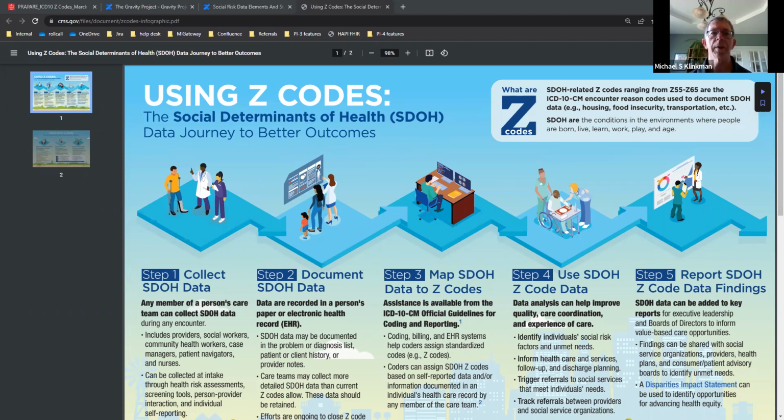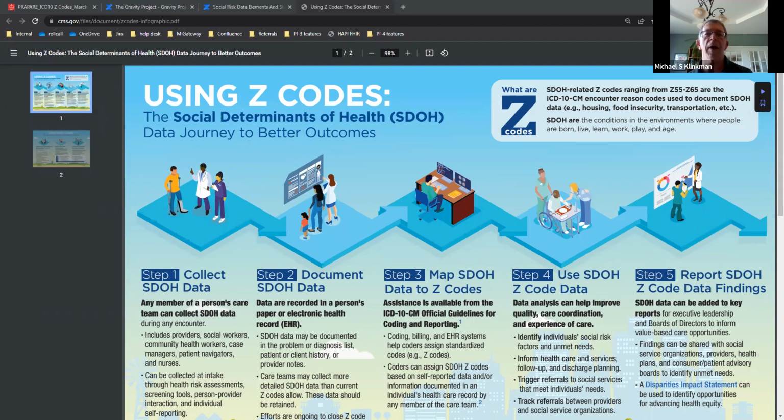The best example is food insecurity, because the definition of food insecurity is very close to the specific question in many of the screening tools. But for other domains, especially the housing domain, it's too complicated to assign a diagnostic code without doing some assessment. And we don't know how that's going to roll out.